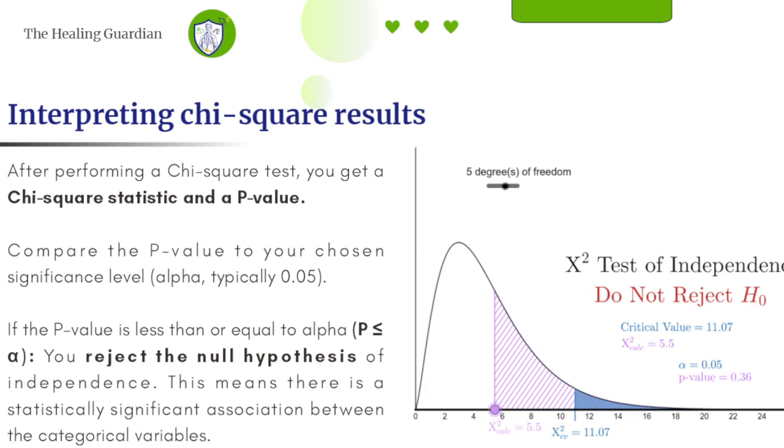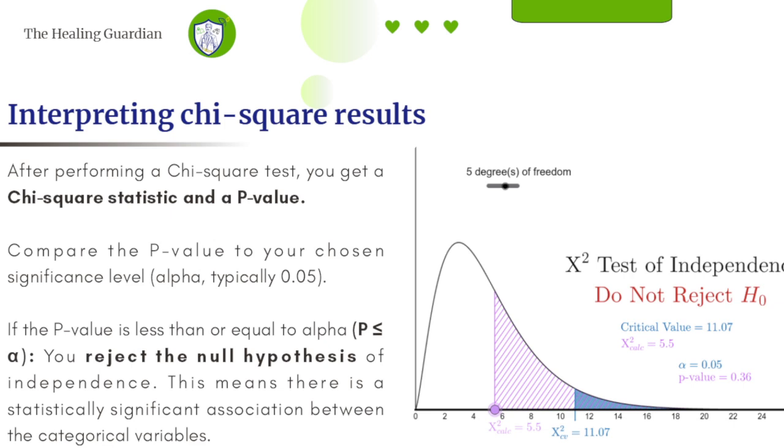The interpretation, we have already talked about it, and maybe to briefly go through it. Perform a chi-square test, get the chi-square statistic. Use the chi-square statistic to get a p-value. Compare your p-value to your chosen significance level. If it is 5%, it will be 0.05. If your p-value is less than or equal to it, you reject the null hypothesis.